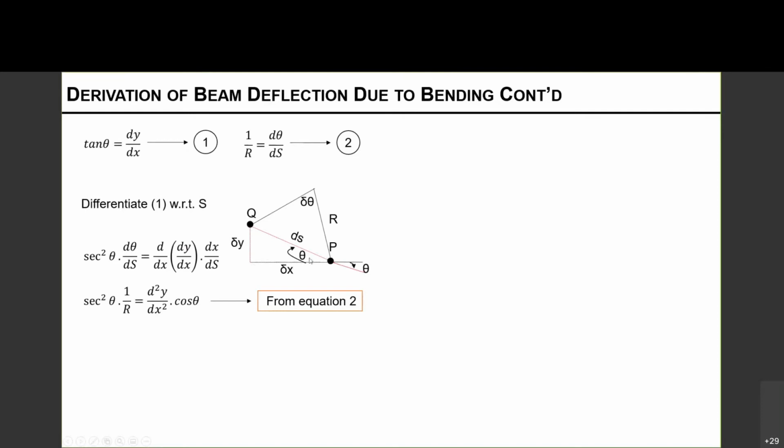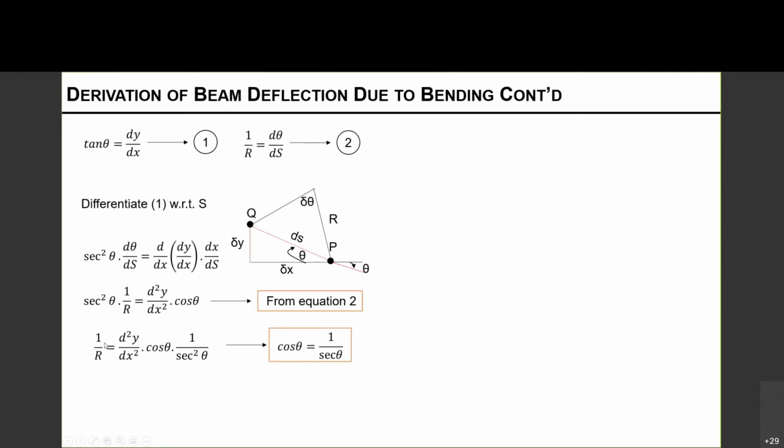That is essentially the cosine of theta. If you were to get the cosine of theta, that would be delta x over ds. Okay, so that is replaced by cosine of theta. And now I will get this sec squared theta over to the other side by dividing.